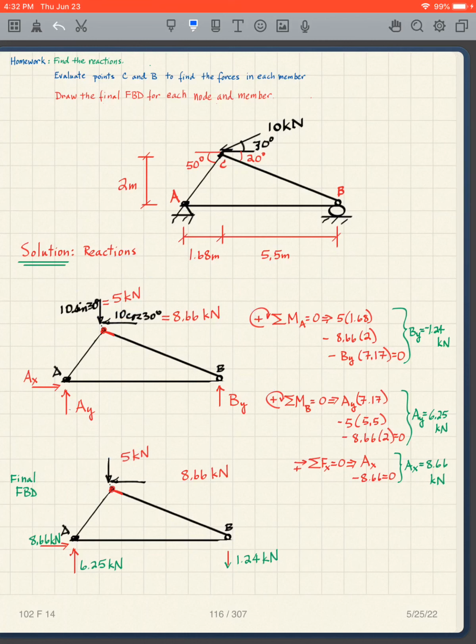I'll take moments about point A, and now I'm going to do this reasonably quickly. So this is going to be 5 times that distance, 1.68. And this is going to be 8.66 times this distance, which is 2.